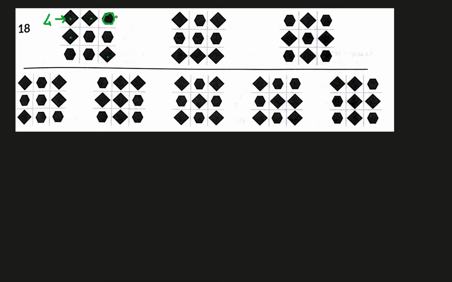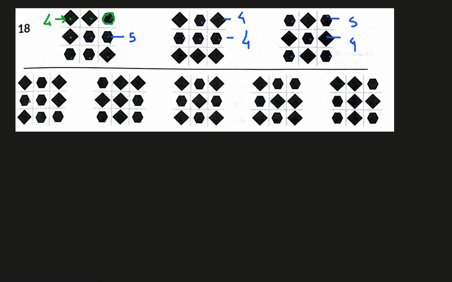So 5 hexagons, and 4 squares. So what we really need is either 4 or 5 hexagons and 5 squares.